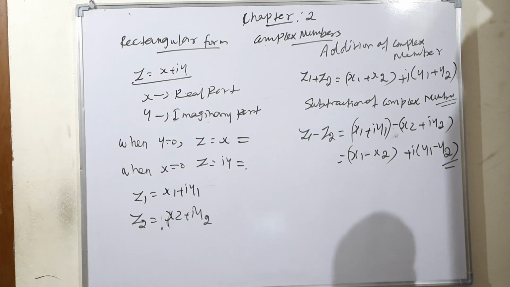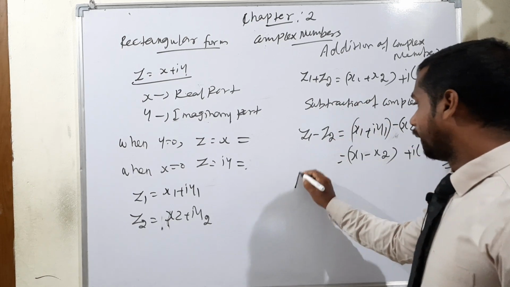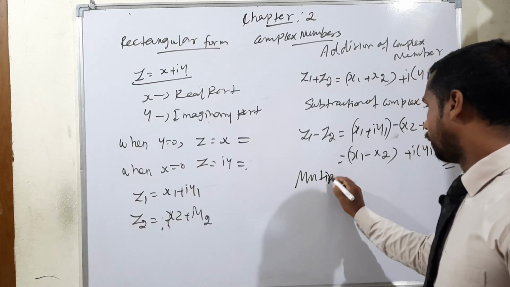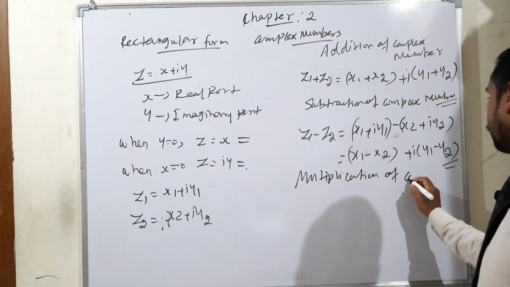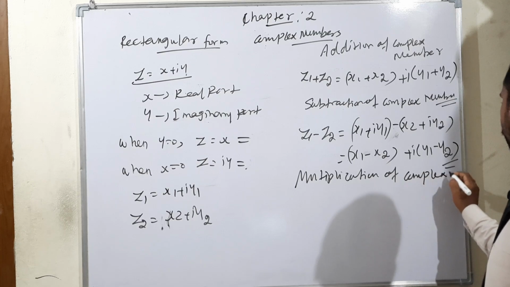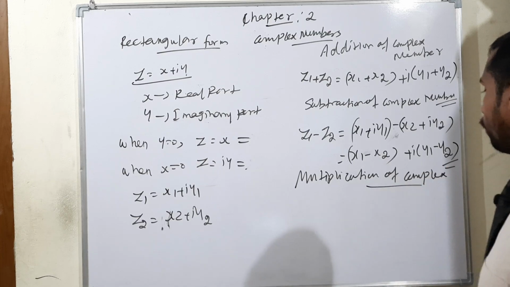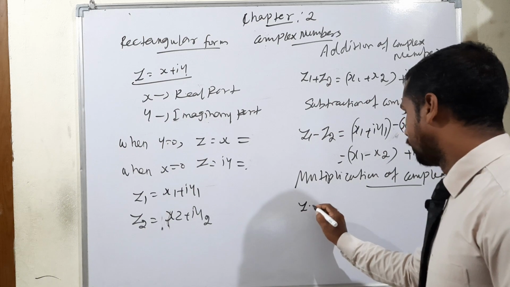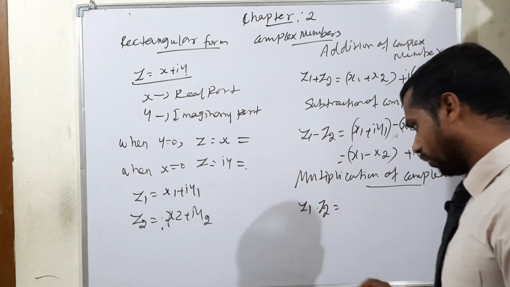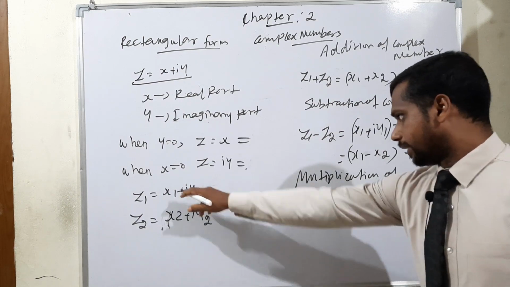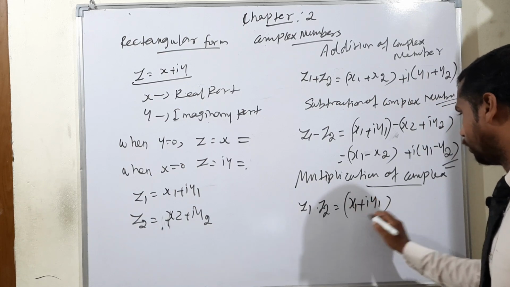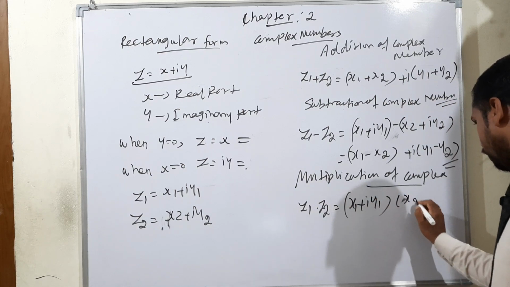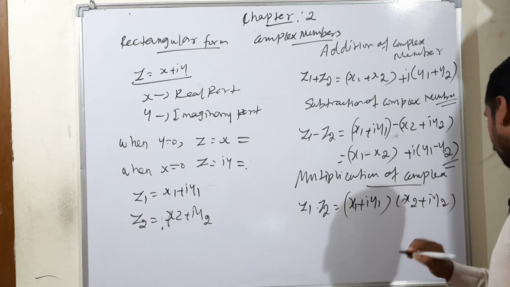The next condition, multiplication of complex numbers. Z1 into z2 is equal to x1 plus iy1 into x2 plus iy2.